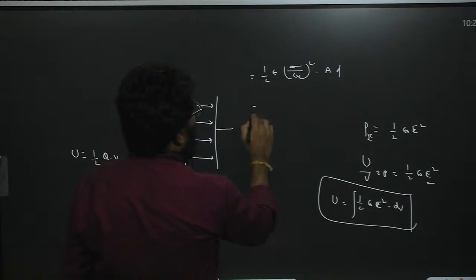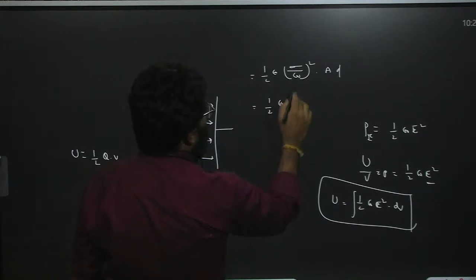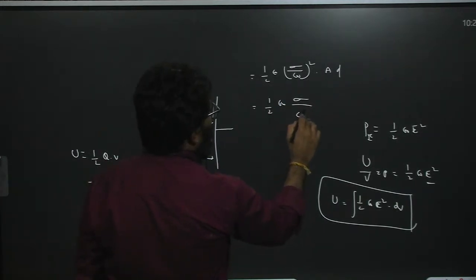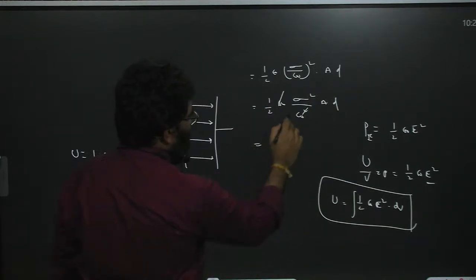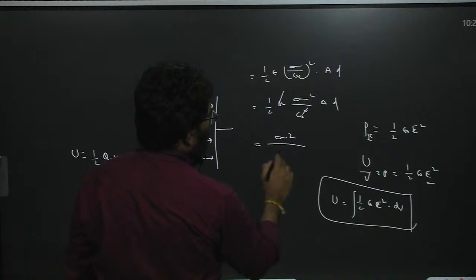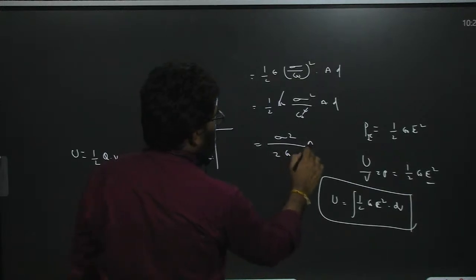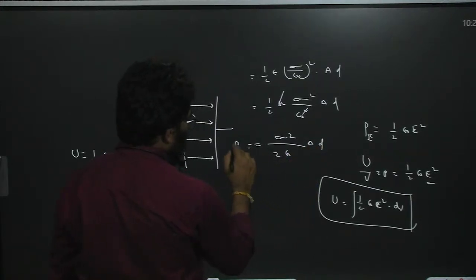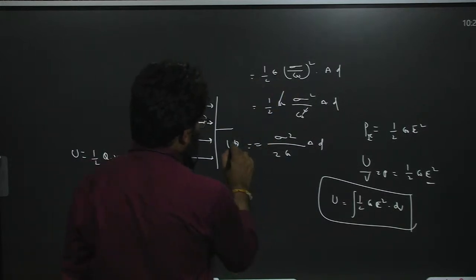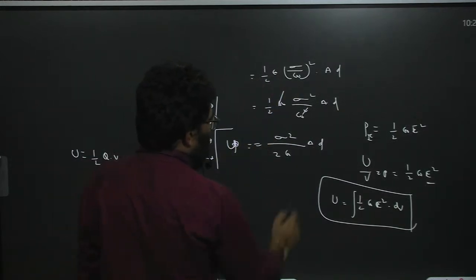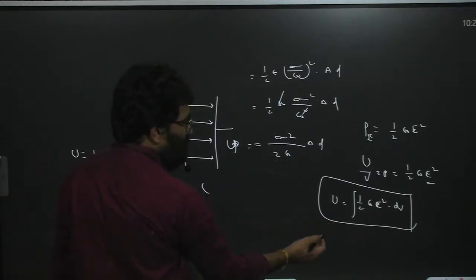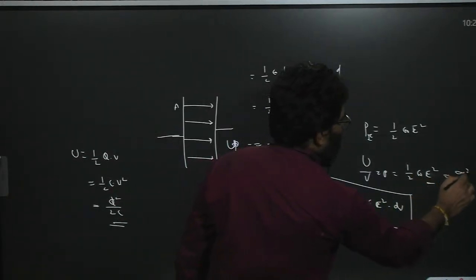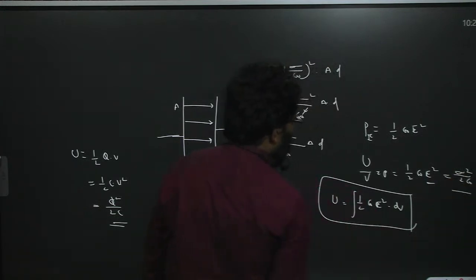So this is half epsilon naught sigma square by epsilon naught square into A into D. Sigma square by 2 epsilon naught, times A into D. Energy per unit volume gives what? Pressure only. Sigma square by 2 epsilon naught is also pressure.